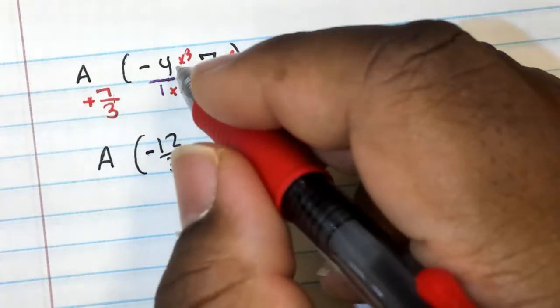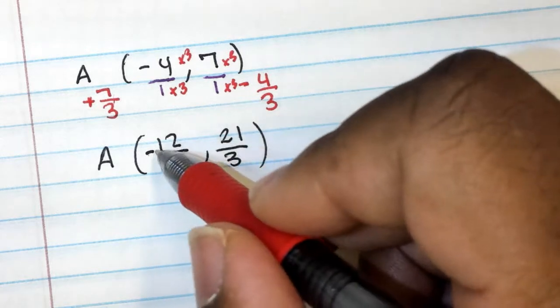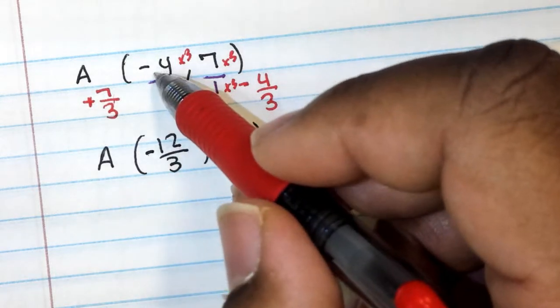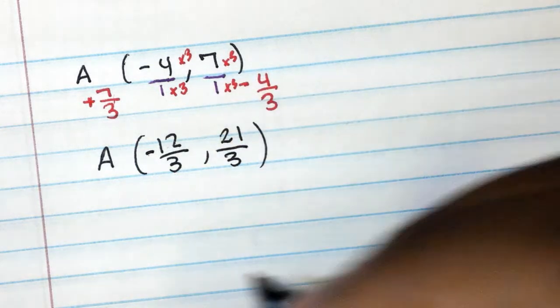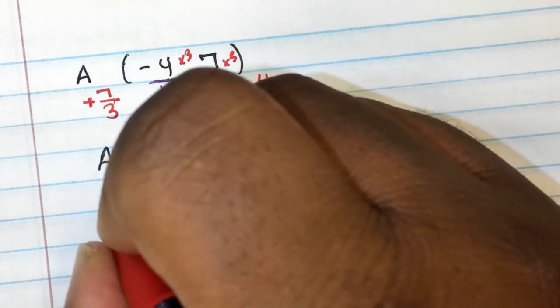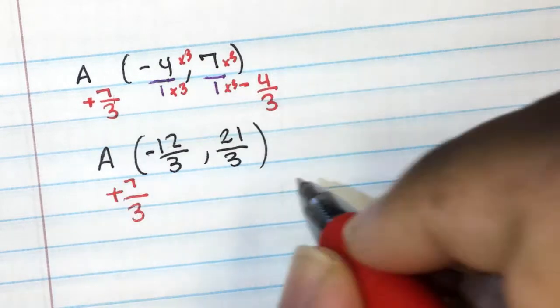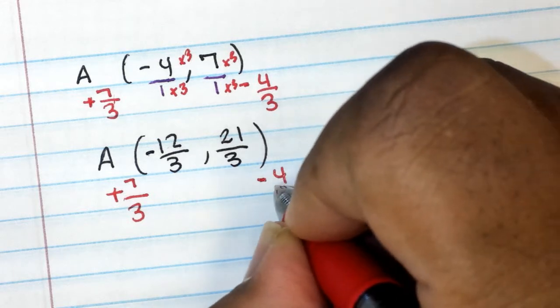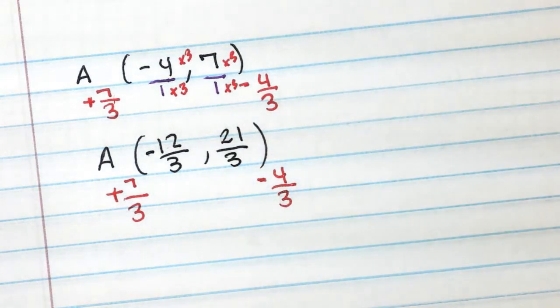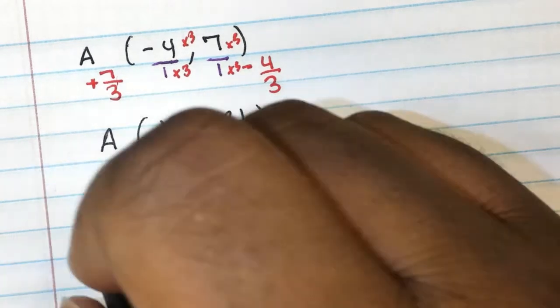All I did was make these whole numbers fractions. Negative 12 divided by 3 still takes me back to negative 4. 21 divided by 3 still takes me back to 7. I just made them fractions that I could use to add and subtract. So it's 7 over 3 adding to that one, and this is minus 4 over 3 that we subtracted from this one to get our partitions.